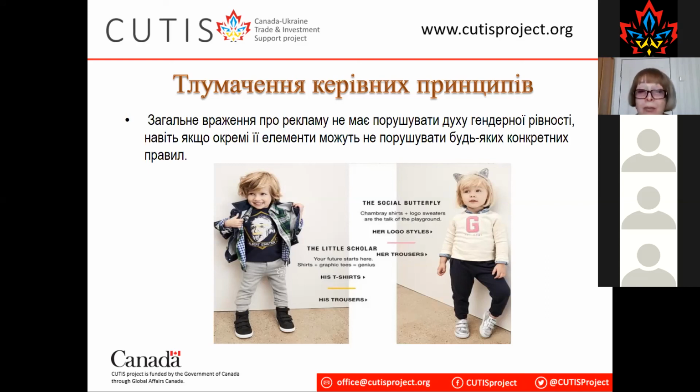At the same time, both of the images can exist, but when we are branding clothes for a boy, for the future scholar and scientist, we also should have a girl there, and those clothes should also refer to some level of dignity.